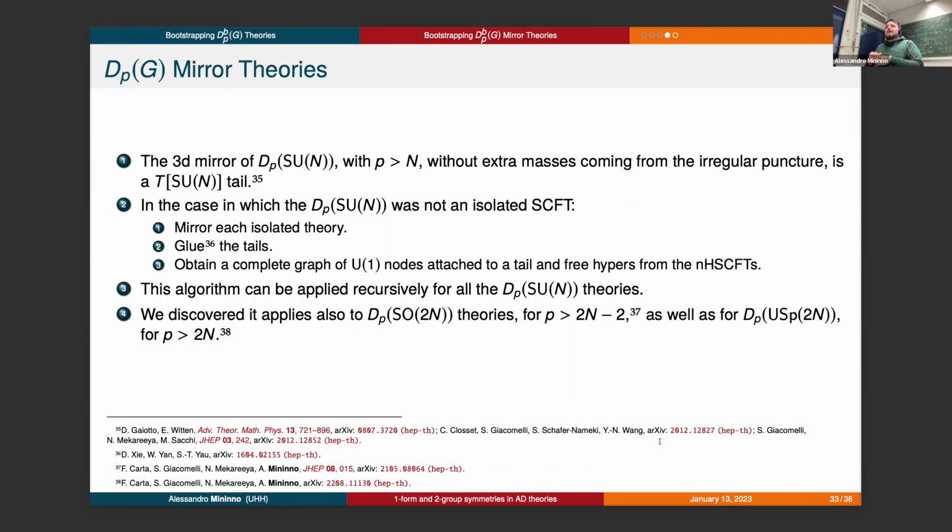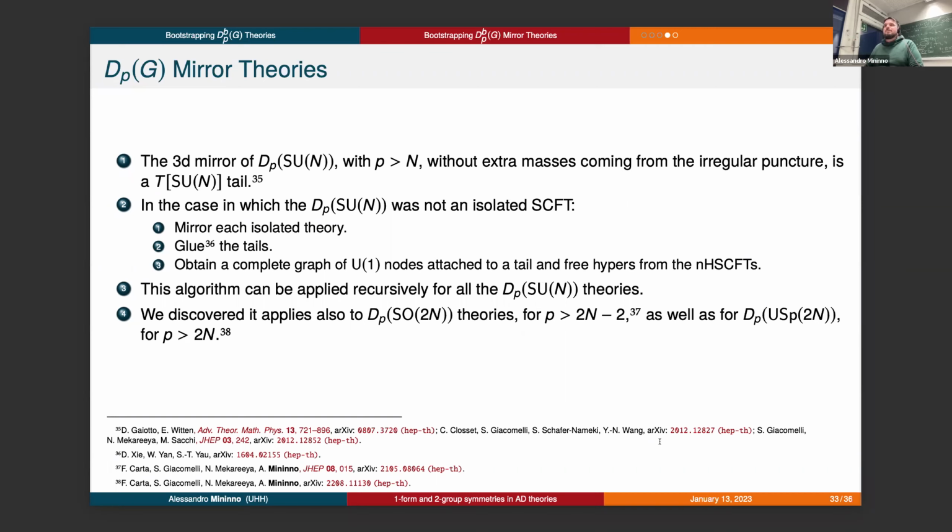Together with this, you will also have a sector which is non-Higgsable, that is only given by free hypers. You already saw this many months ago in the talk by Napadol, and unfortunately I don't have an explicit example.